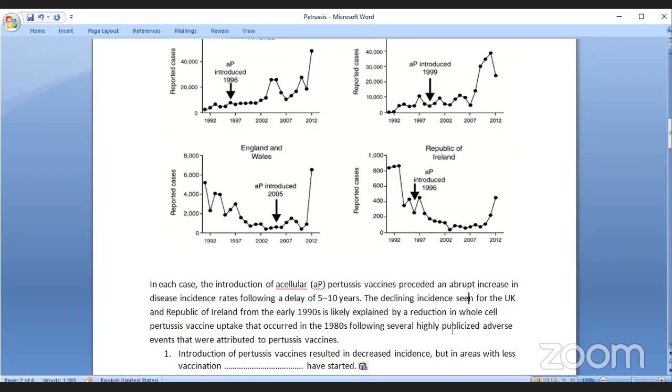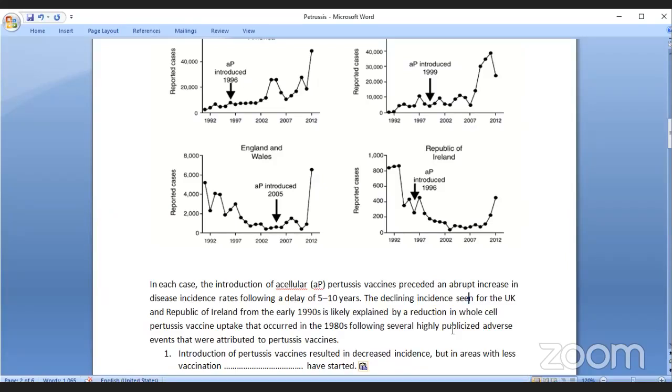Adverse effects. No. Introduction of pertussis vaccines resulted in decreased incidence. But in areas with less vaccination, dash have started.